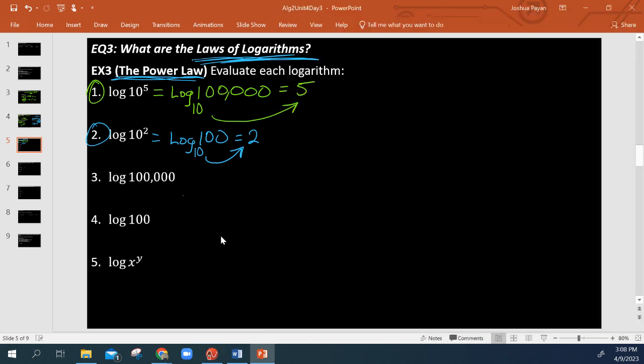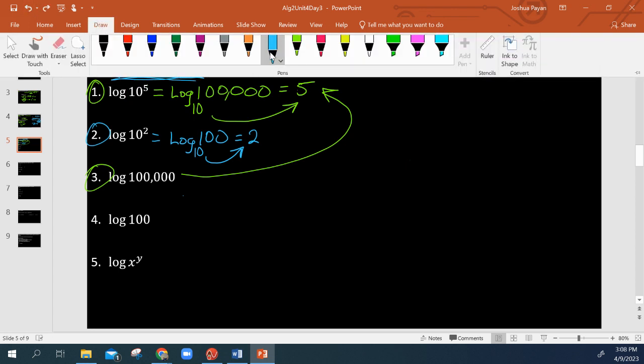Here we see another example, and we already know the answer to this. This is the exact same one that we did before, except we don't have it written out as an exponential function. So we see that there's a pattern.